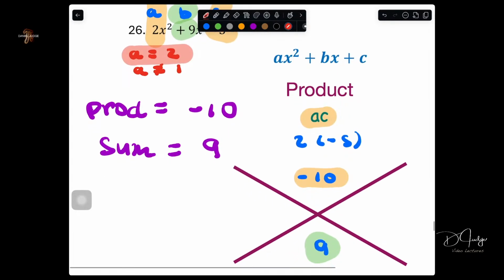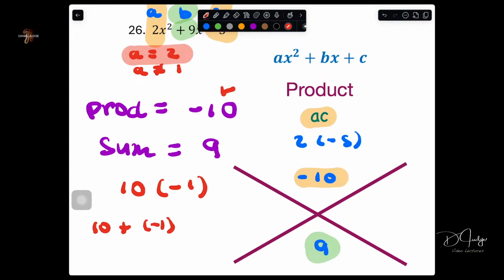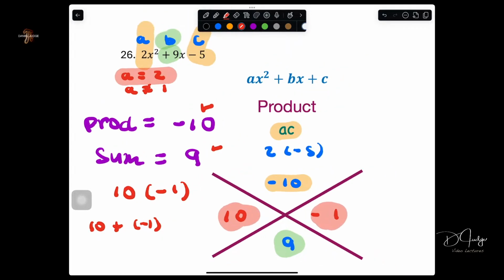Looks like it's going to be 10 times negative 1, and that's negative 10. 10 plus a negative 1 gives you a positive 9. So we got 10 here and negative 1.